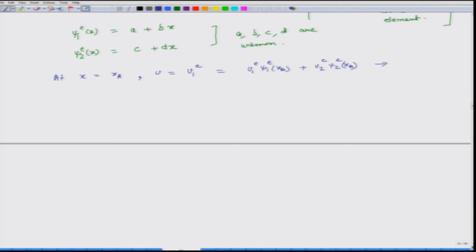So, this is only possible if the value of psi 1 at xa is equal to 1 and the value of psi 2 at xa is equal to 0.